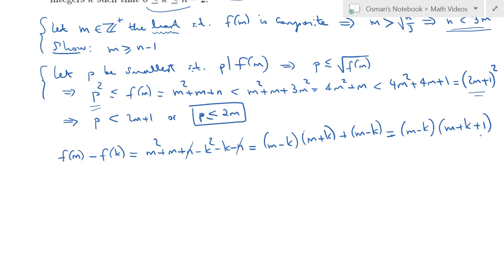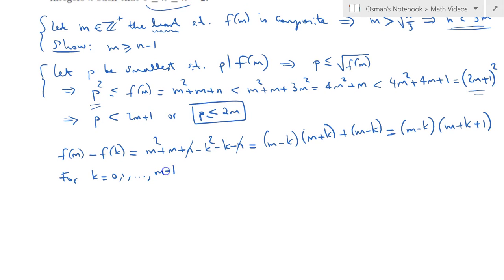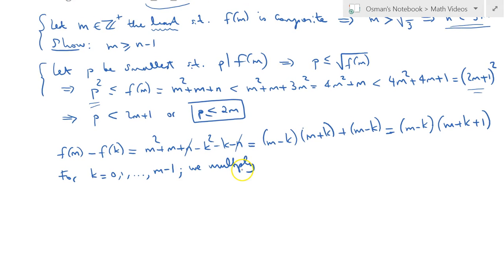I will multiply this expression for k equal from 0, 1 all the way to m minus 1. I will multiply the equations, and we get the following result.